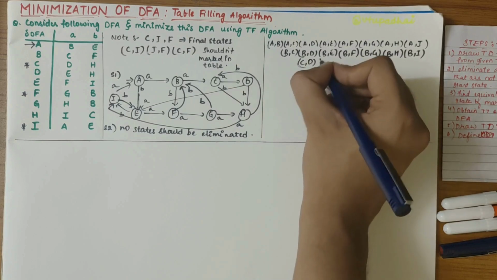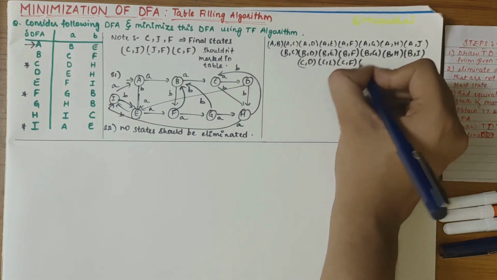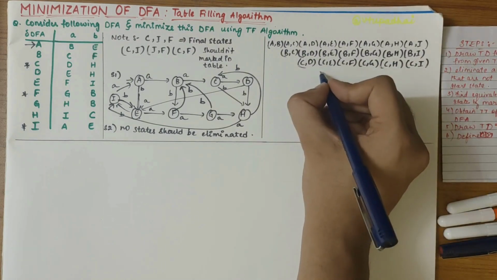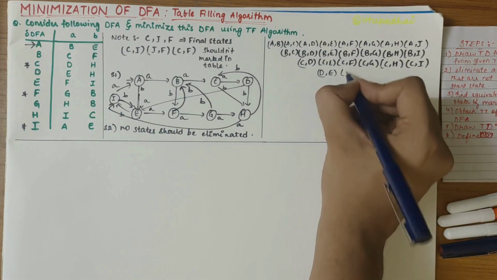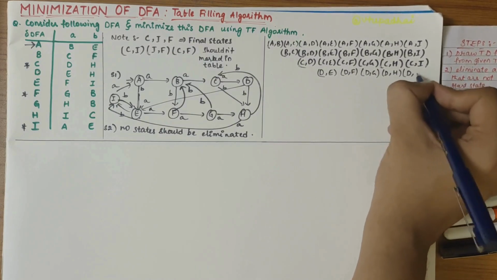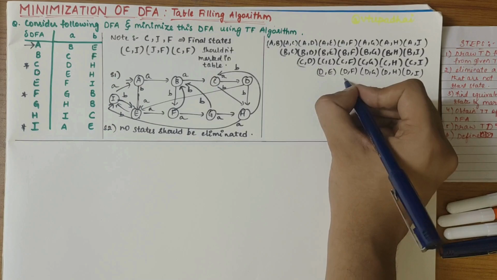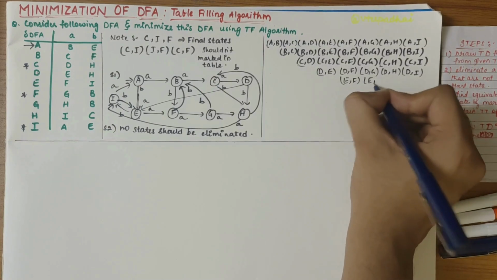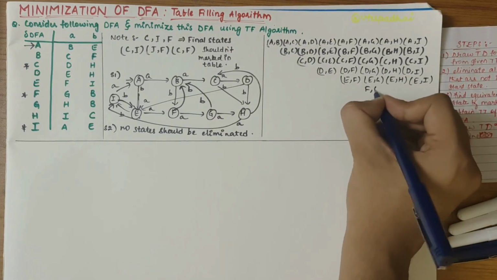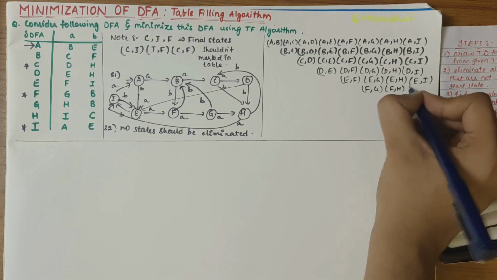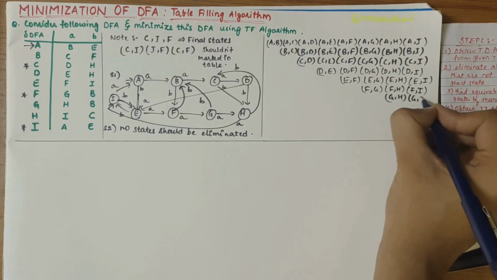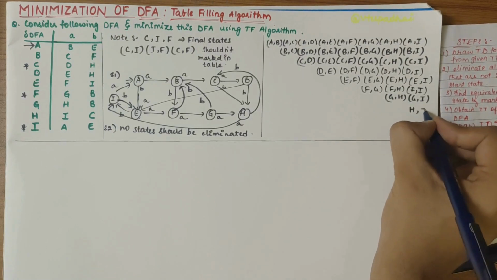CC is not possible, so CD, CE, CF, CG, CH and CI. Then we have DD is not possible, so DE, DF, DG, DH and DI. Then we have EF, EG, EH and EI. Then we have FG, FH and FI. Then we have GH and GI here, followed by that we have HI.